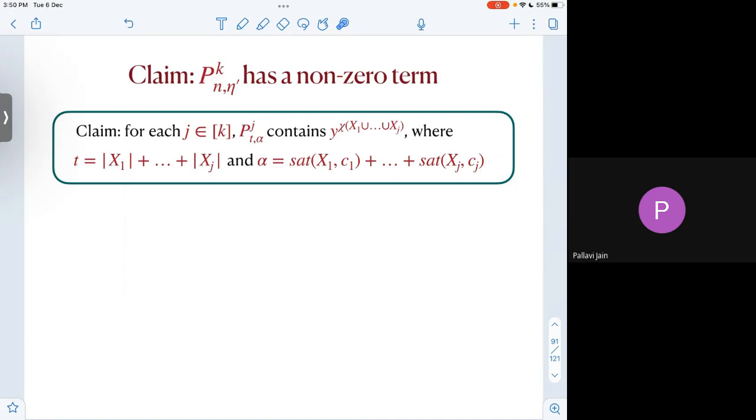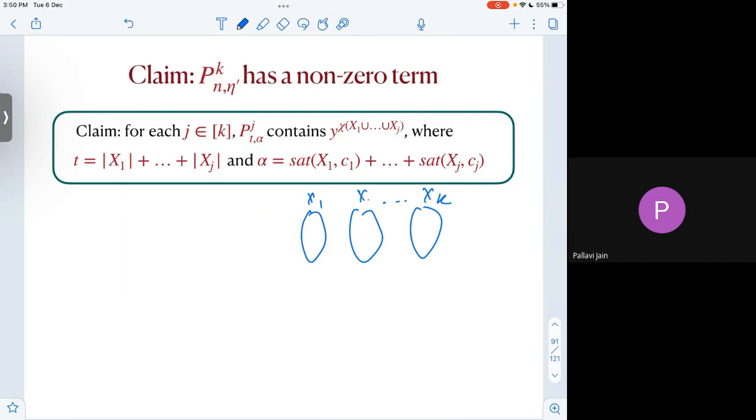So we will prove it by induction. For each j belonging to k, we want to prove that x1 to xj is the same as the partition induced by the solution. If you just look at the picture, we are not saying anything much.